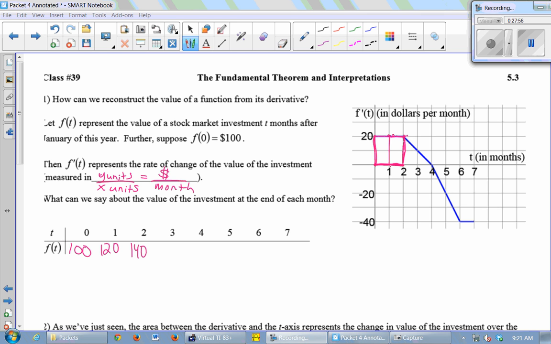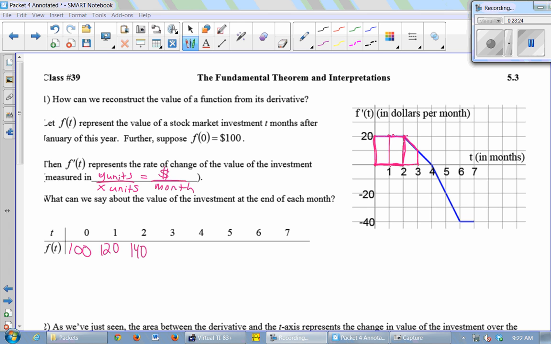But then from month 2 to month 3, my rate of change wasn't constant, right? Well, the last time we just did this, I was assuming a constant rate of change of 20, but that wasn't right. But I can find the exact area, right? Because this is just a trapezoid. Or I could find an overestimate and an underestimate and average them.